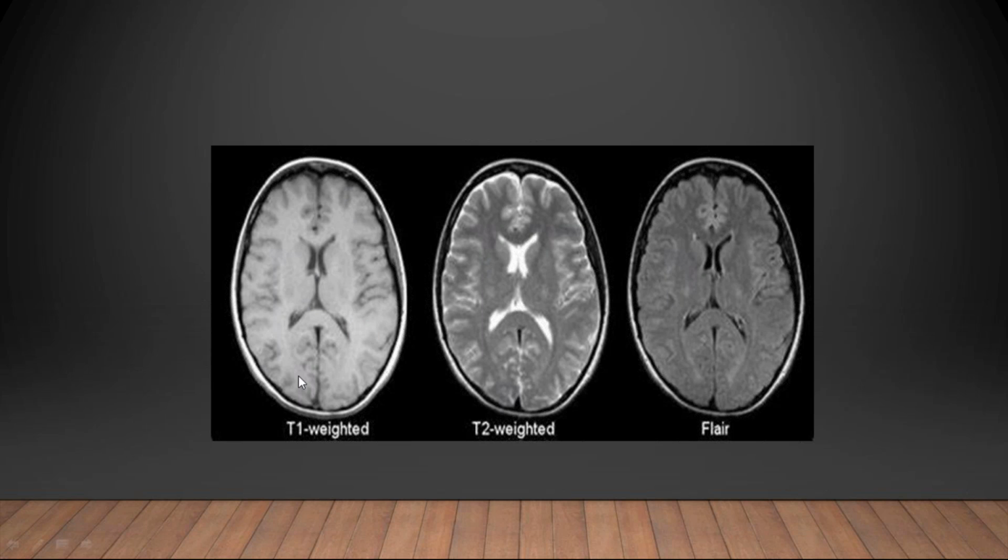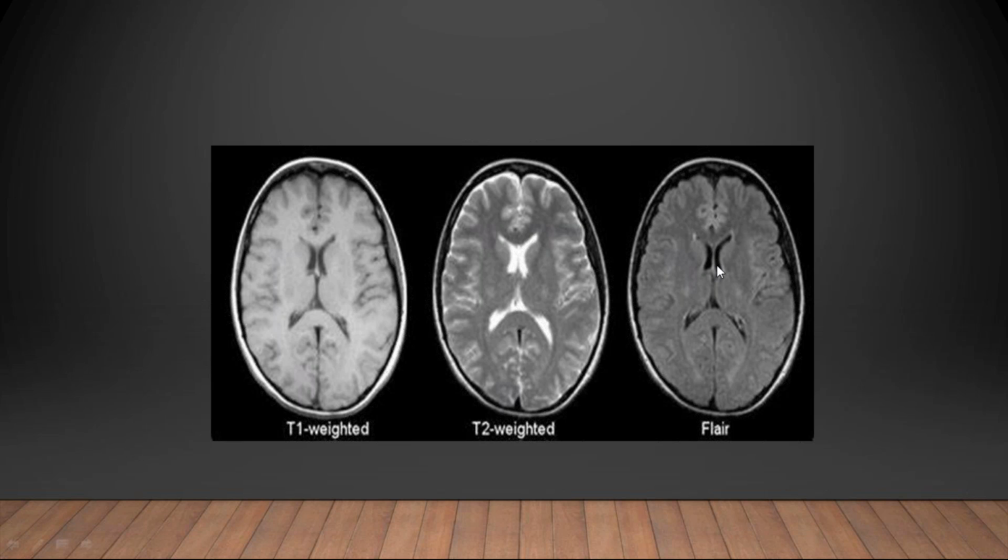So here we can see the T1 weighted images, T2 weighted images, and FLAIR images. Here the white matter appears white, and here the white matter appears dark, whereas the CSF signal appears bright.